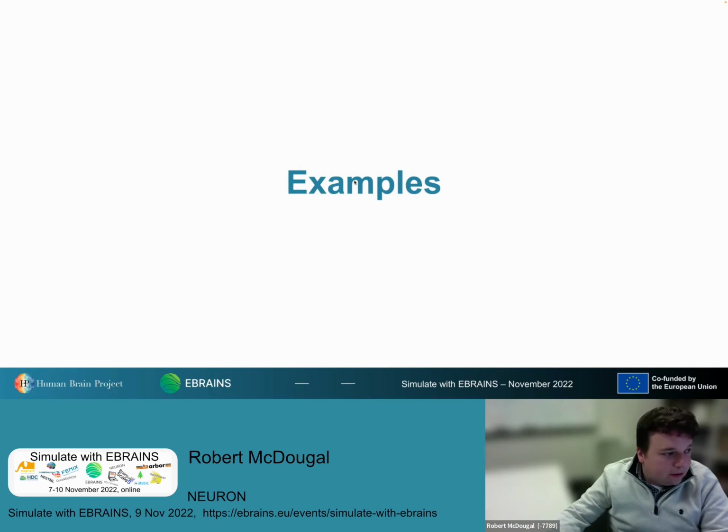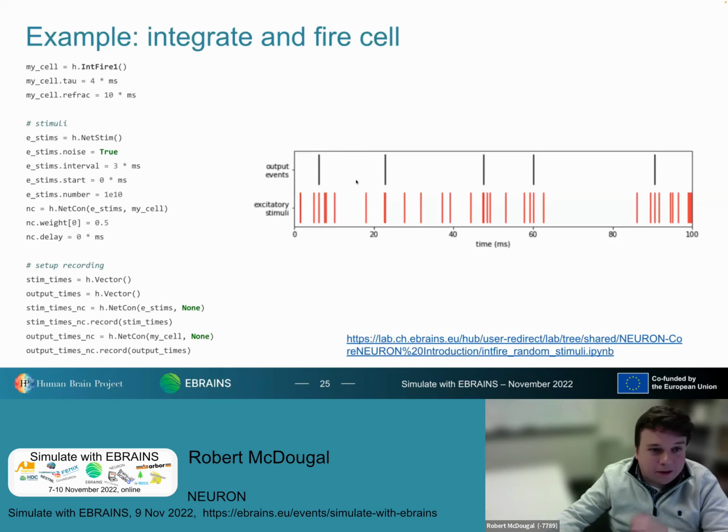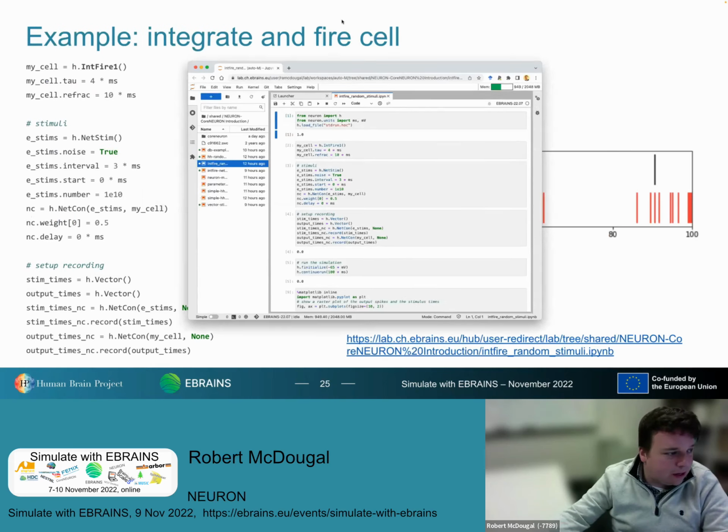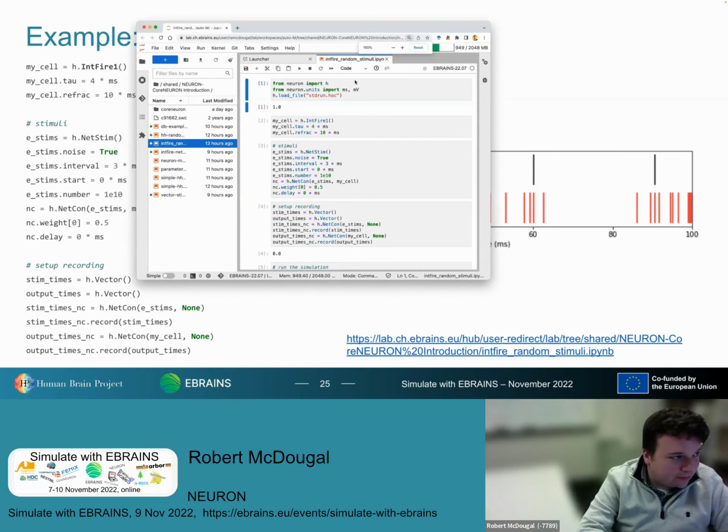All right. Our first example here in Neuron is how do I generate an integrate and fire cell? Here I've got an example linking to an EBRAINS collab.